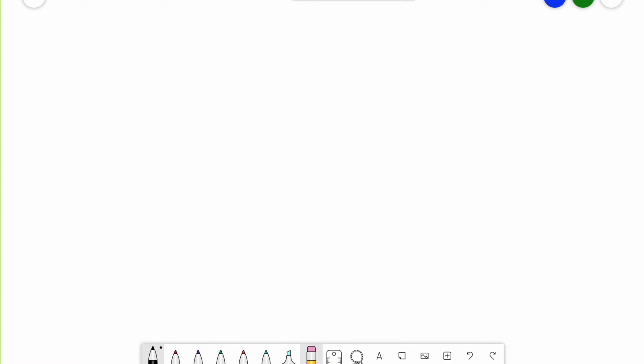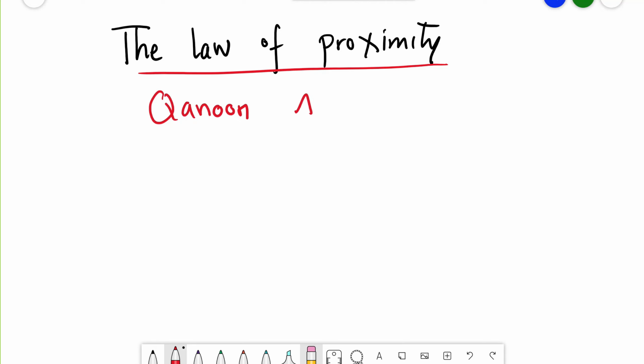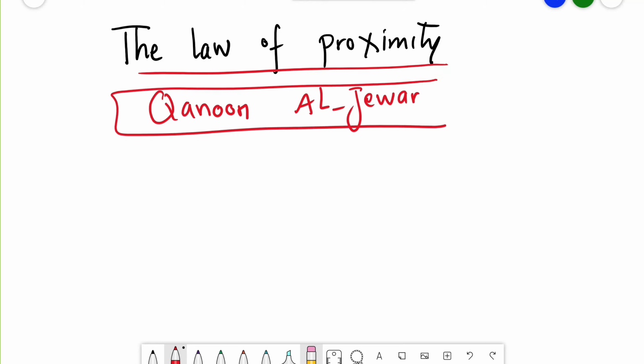That law, Mr. Ahmed's law, which is what everybody remembers, the law of proximity. What did we say about law of proximity, Nuran? The modifier has to be very close to the thing or person it modifies. You got the point? Whether it's in the beginning or in the middle or even at the end.